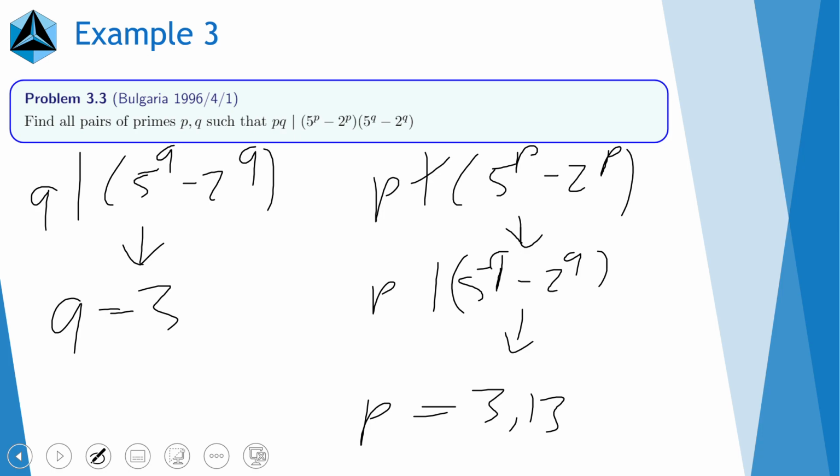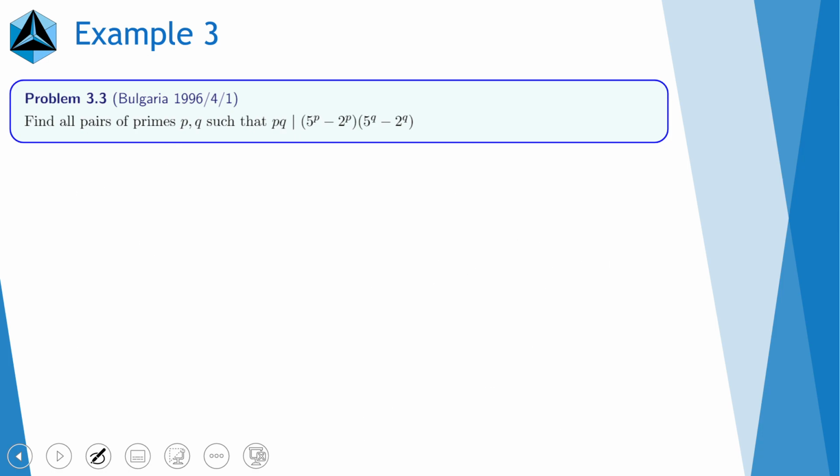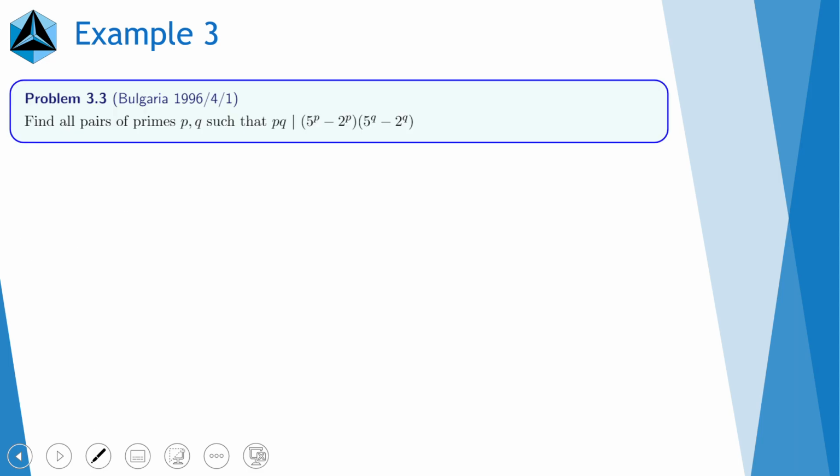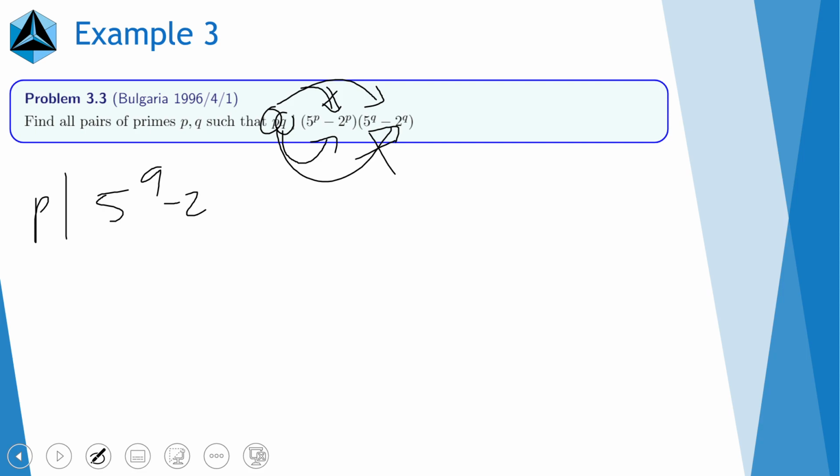So now our final case is where p divides that and not this, and where q divides that and not this. So let's see what this gives us. Let's first look at 5 to the q minus 2 to the q.